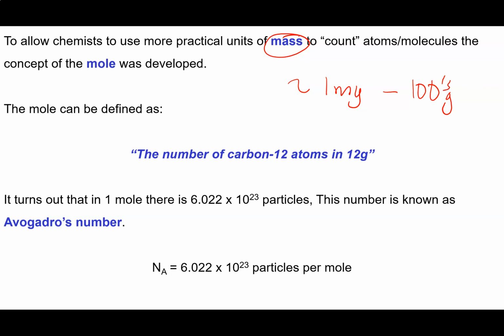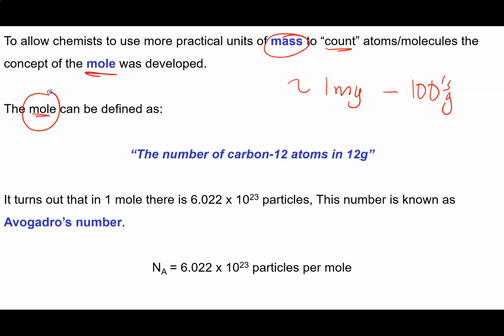So to have more practical units for mass that we can use to count how many atoms and molecules we're dealing with, we developed the concept of the mole. Just like bakers don't sell individual slices of bread, they sell loaves of bread because that's what's sensible, right? So we have moles rather than individual atoms and molecules, because that's what's sensible.